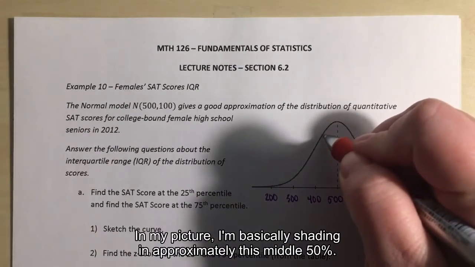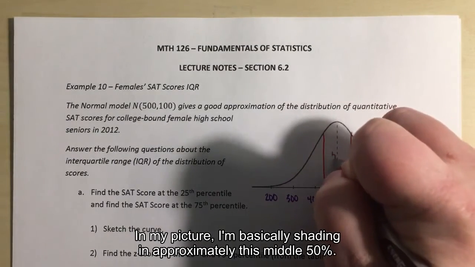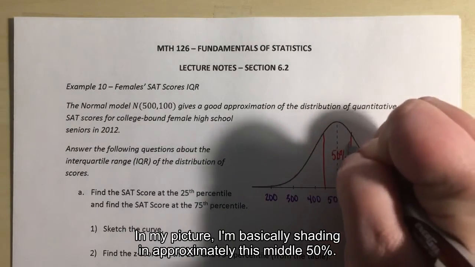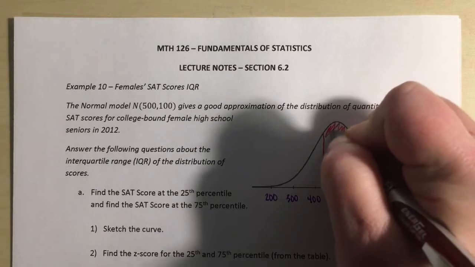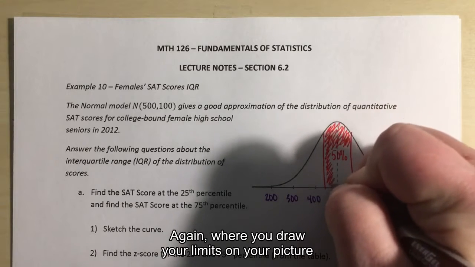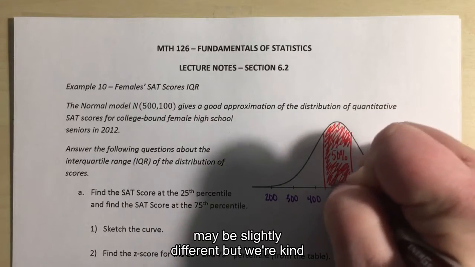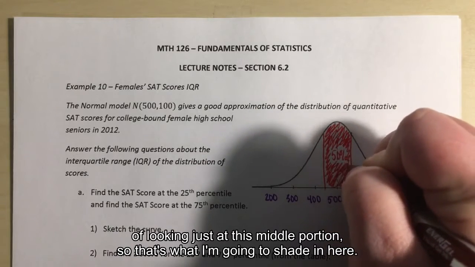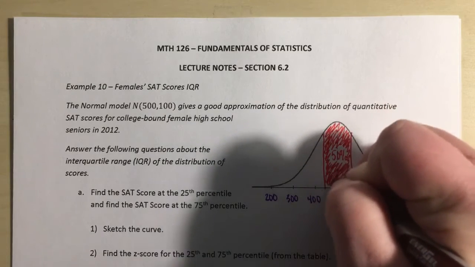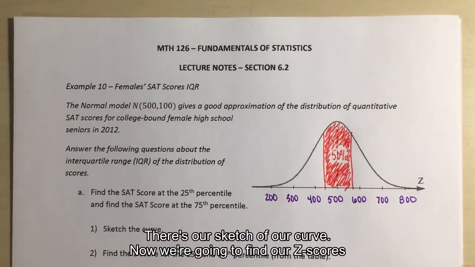So in my picture, I'm basically shading in approximately this middle 50%. Again, where you draw your limits on your picture may be slightly different, but we're looking just at this middle portion. So that's what I'm going to shade in here. Okay, so there's our sketch of our curve.